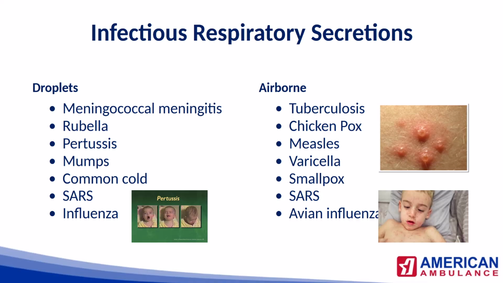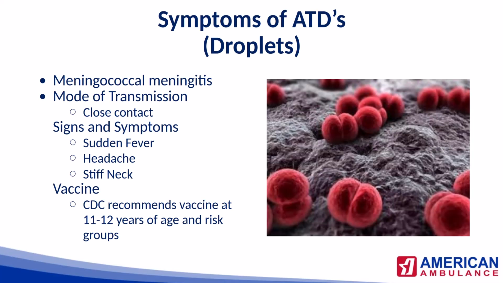Unlike larger droplets, which quickly settle on surfaces, these smaller particles can be inhaled by individuals even after the infected person has left the area, making them highly contagious. Each of these infections can also present with unique symptoms and can vary in severity from person to person, but again, their common trait is the ability to be transmitted through the air. Now, let's talk a little bit about some of our more common droplet diseases that we may encounter as EMS providers.